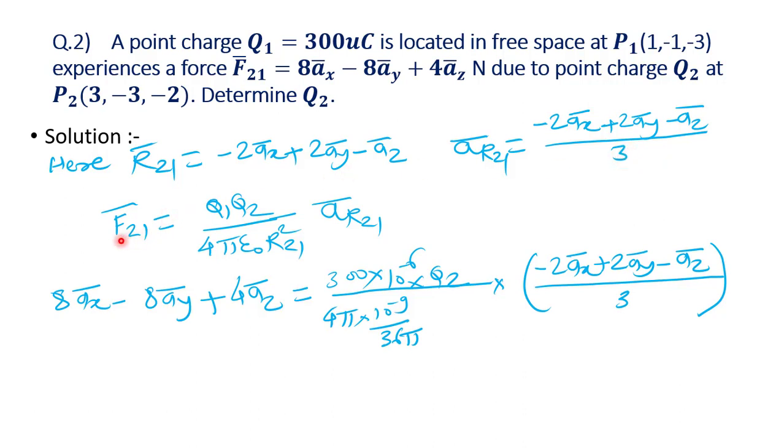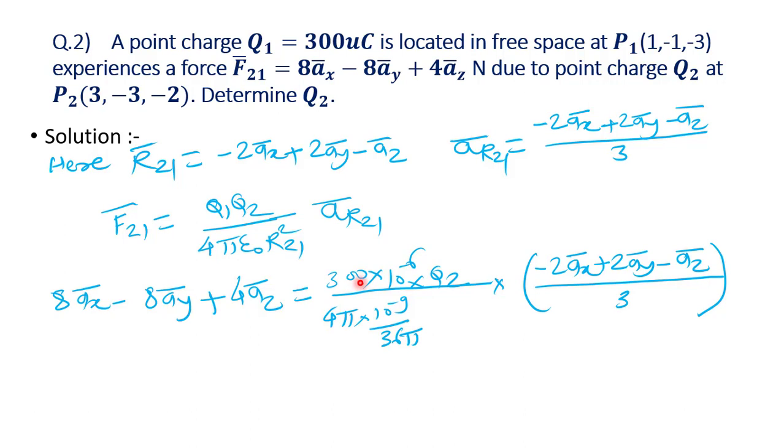Now we will use Coulomb's law. F21 is equal to Q1 Q2 upon 4 pi epsilon naught R21 square, times aR21, where aR21 is the unit vector. F21 is already given in the problem as 8ax bar minus 8ay bar plus 4az bar.